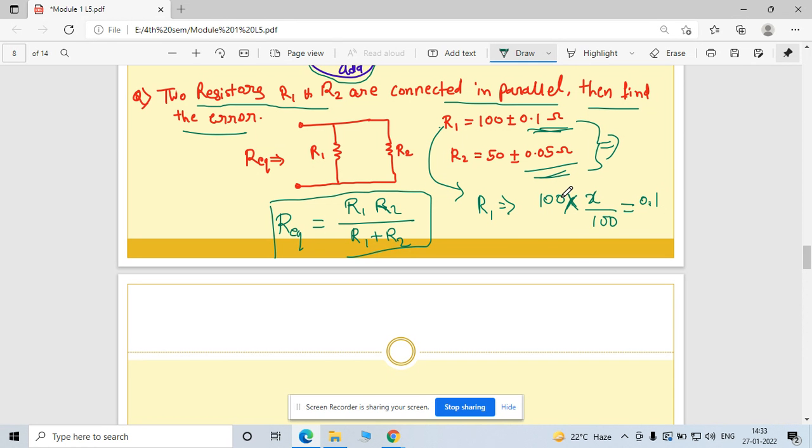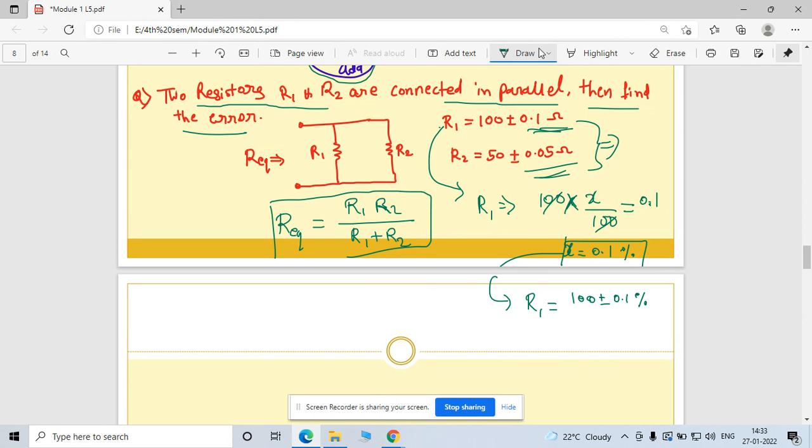So when you solve it, this 100 cancels out. So this x is nothing but 0.1 percentage, right? So R1 is nothing but 100 plus minus 0.1 percentage.